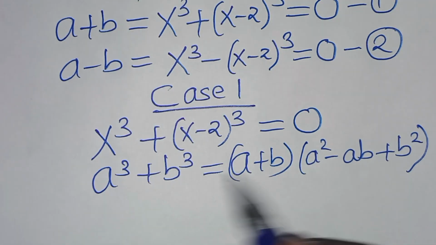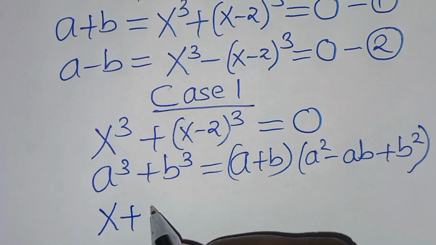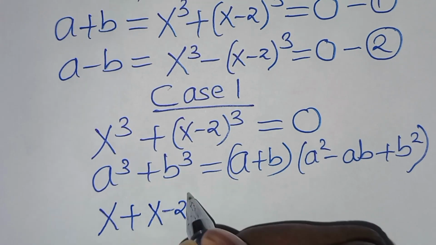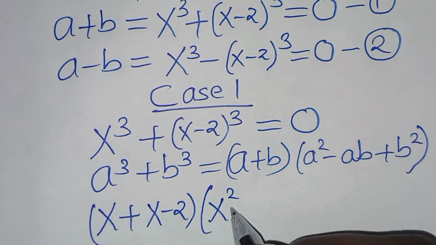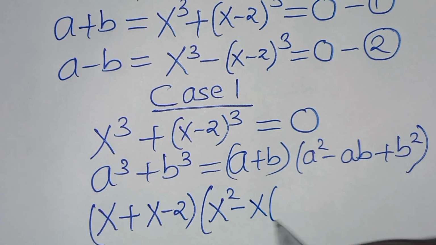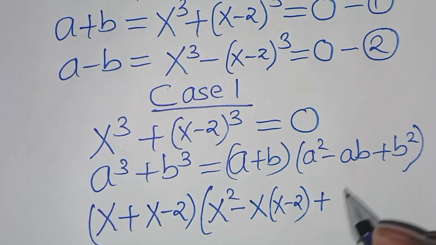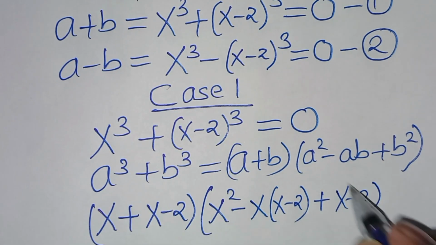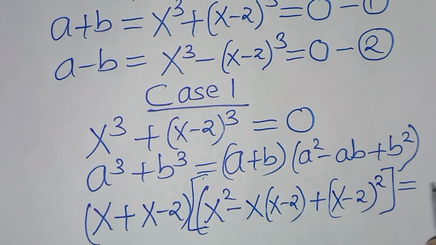Applying this identity, we have (x plus x minus 2), then (x squared minus x times (x minus 2) plus (x minus 2) raised to power 2), equal to 0.